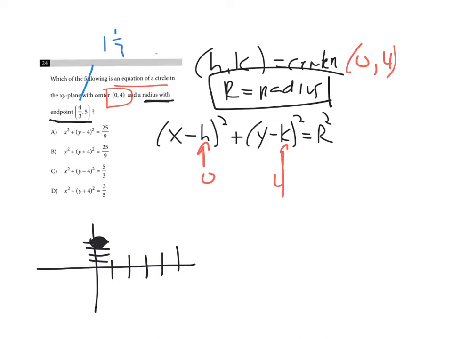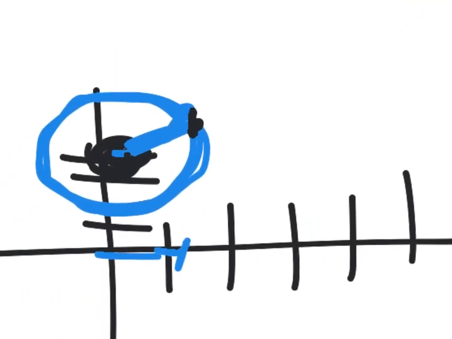So that's going to be 1 and a little bit more, and then up to 5. So basically, we're going to have a circle whose center is at 0, 4, and whose radius has an endpoint of 4/3, 5. Well, what I can do is find the length of the radius by finding the length of this line segment.